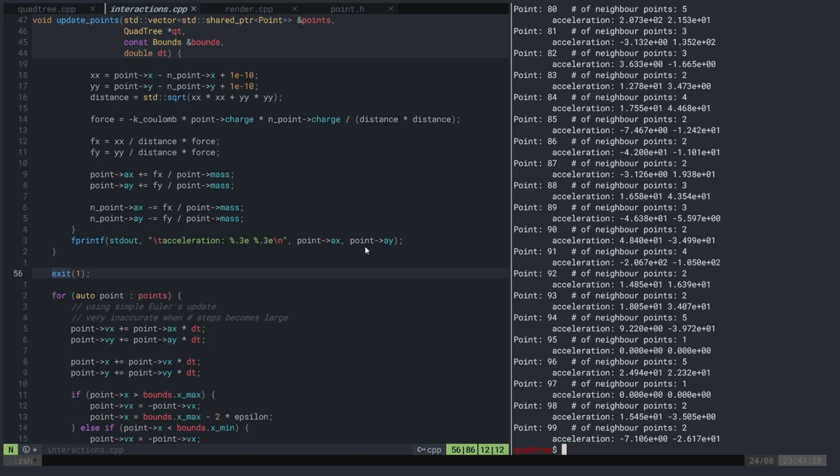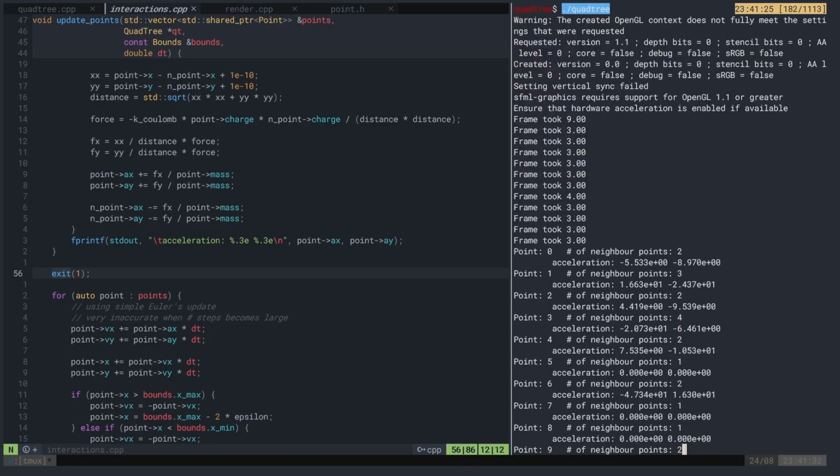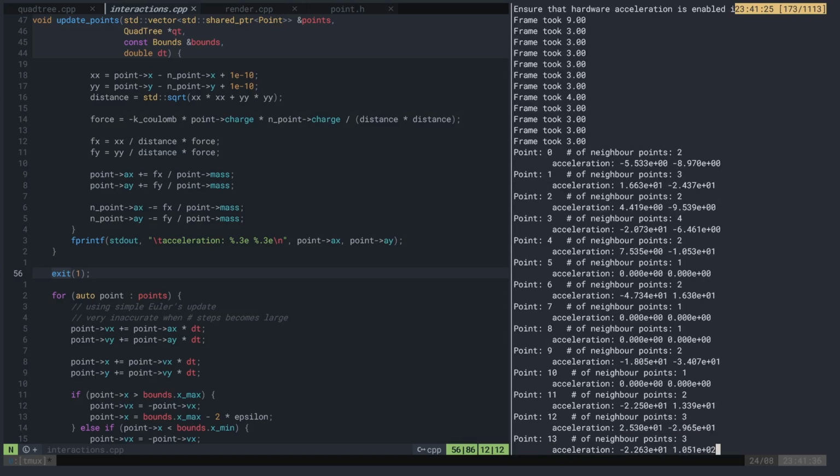Okay, so our first point has 2, and our acceleration is fairly high.